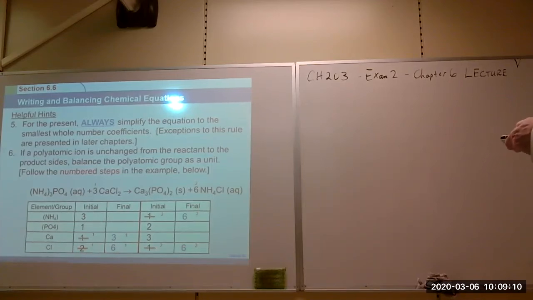So now we need to go change the ammoniums as our third step. So we need 6 ammoniums. That means 2 times this 3. Right, so that gives us 6 ammoniums, and the ammoniums are balanced. So now we want to balance the phosphates. So we need a 2.